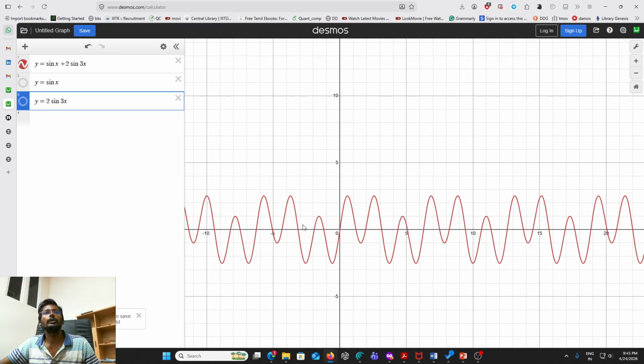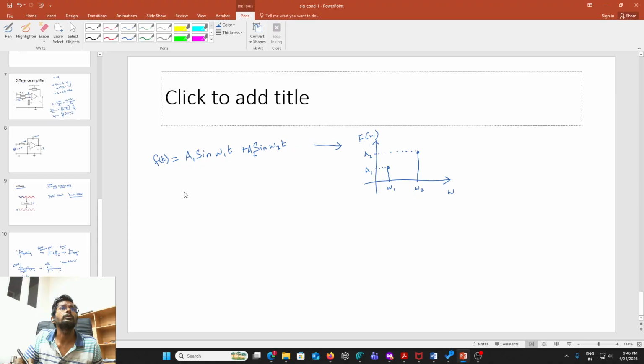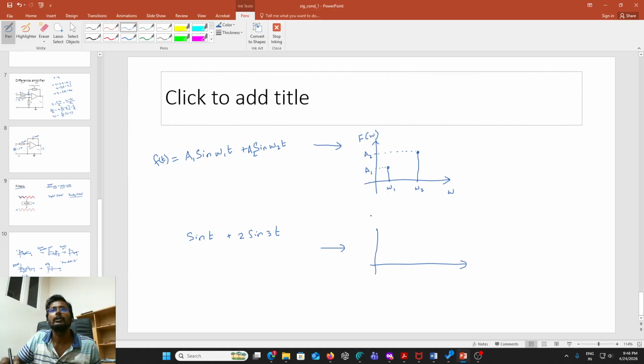So if we have been given such a signal, its Fourier transform, let me rewrite the equation. The Fourier transform for the function which we are discussing, sine t plus 2 sine 3t, will be equal to: the signal corresponding to this one, the frequency is 1 and the amplitude is 1, and then for this signal the frequency is 3, so somewhere here 3, and the height is 2.